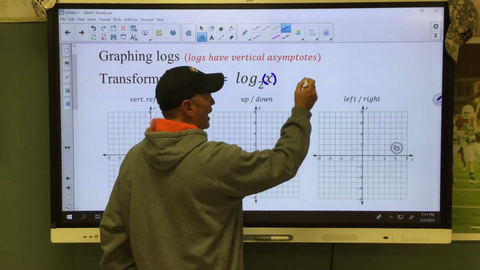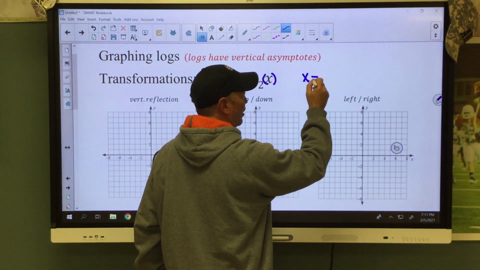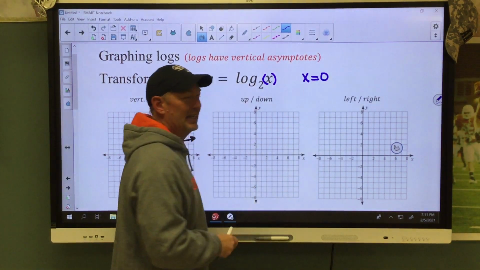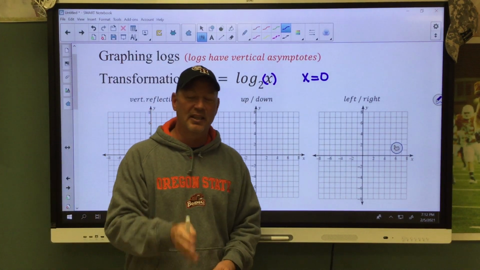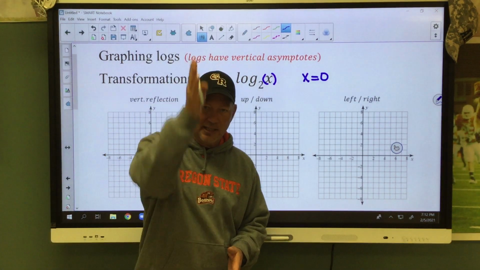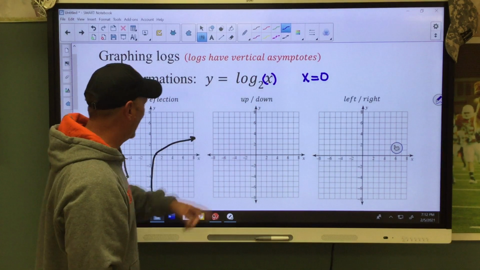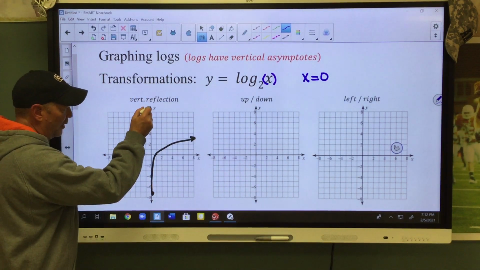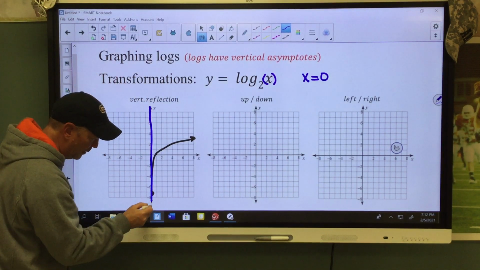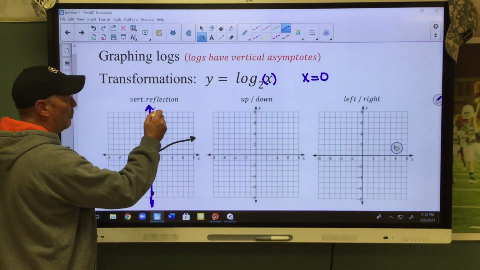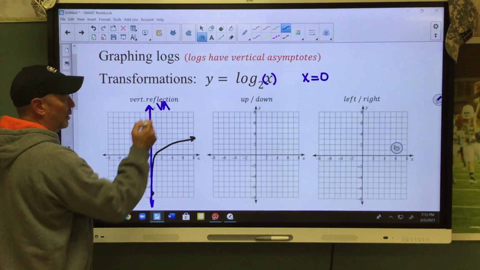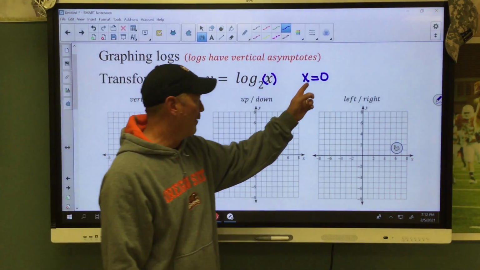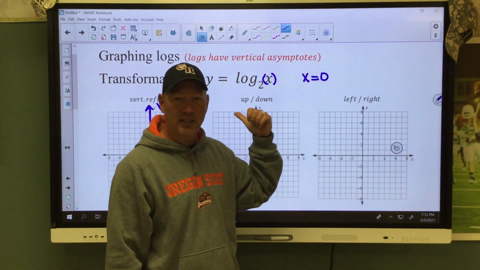So I would take my x and set it equal to 0, and that is my vertical asymptote. It is an equation of a line because it is a line. And this line actually is the y-axis. So this would be my vertical asymptote. And you would have to write it as an equation of a line because it is a line.